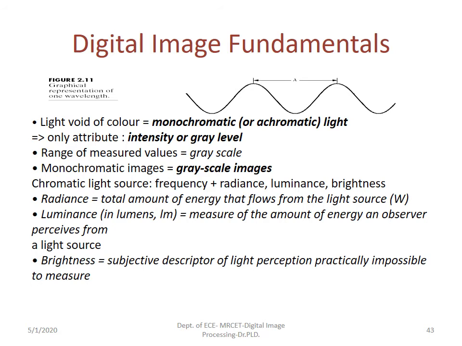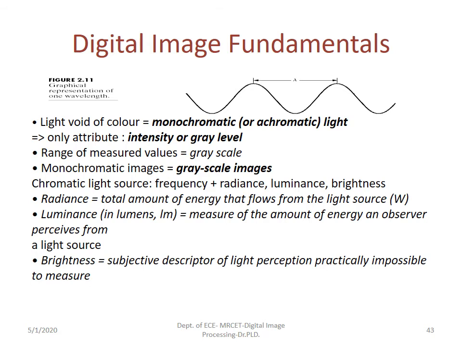Monochromatic images are also called grayscale images. For chromatic light sources, the frequently used terms are frequency, radiance, luminance and brightness.